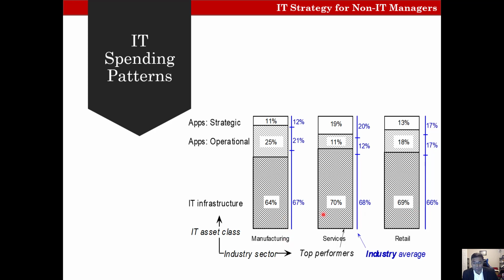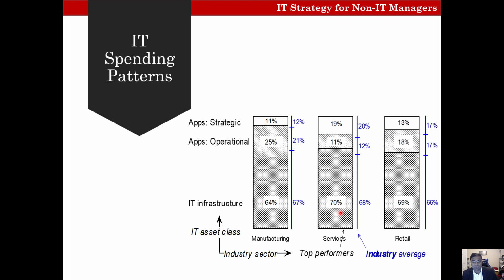Other industries are closer to 70%, whereas manufacturing is close to 65%. Second, notice in each industry which IT assets the top performing firms invest less in and more in other asset classes. Take a look at manufacturing and infrastructure. Industry average is 67%, but top performers only invest about 64%, whereas on the operational side, it's flipped.